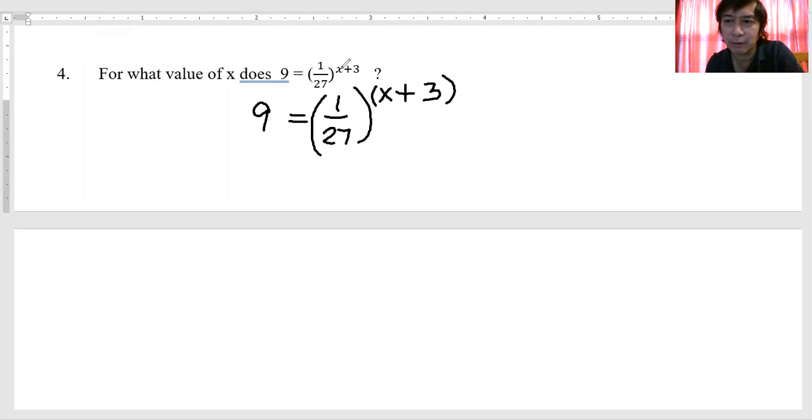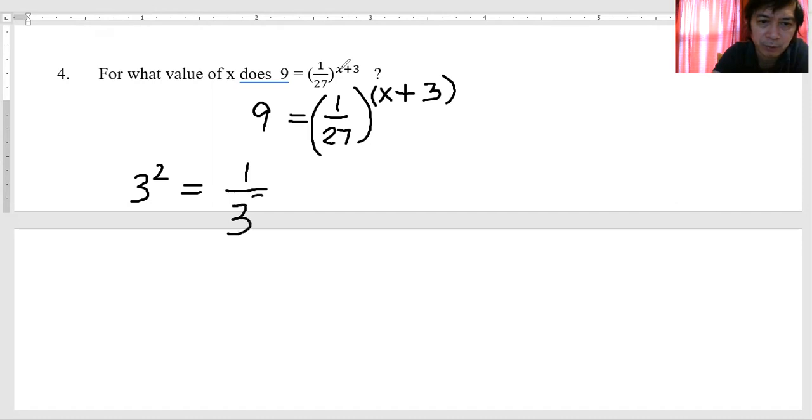All right, just imagine the table a while ago. 9 is 3 squared, so we can write 3 squared. That takes care of the 9. And then on the right side, 1 over 27 can be written as 1 over 3 to the power 3. That's 1 over 27. The same exponent for the right side, x plus 3.